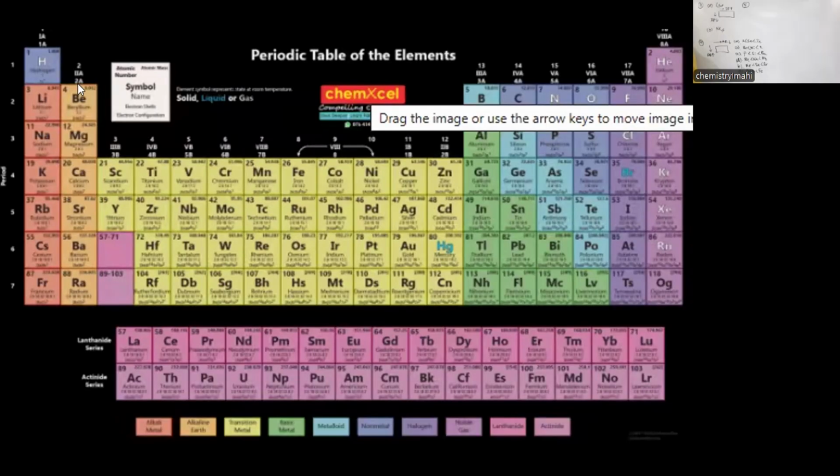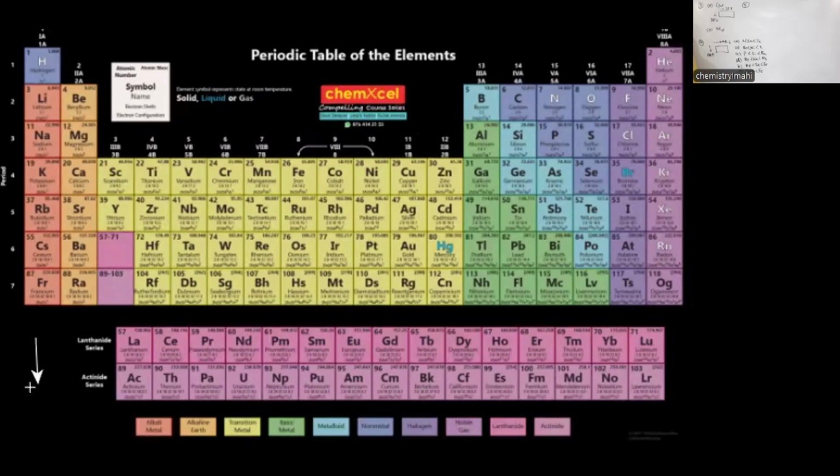First, you should know the trend. What is the trend? Down the group, ionization energy decreases. From left to right, ionization energy generally increases. There are some exceptions. That's the order we have.